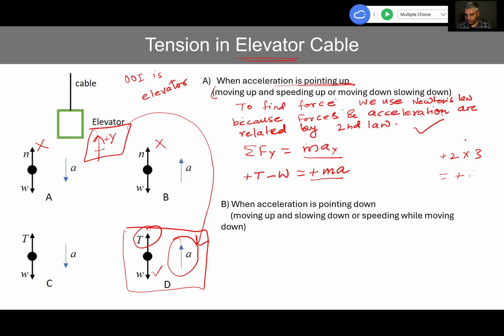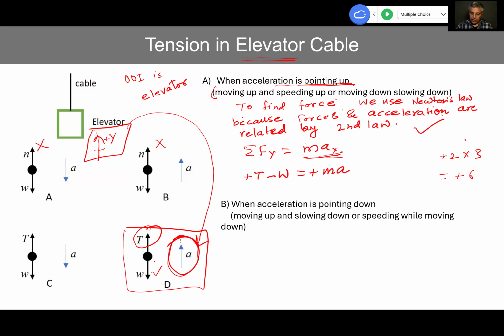Positive 6. So I can just write that positive in front. That's what I would do. Before I write this, I would look at whether I know the direction of acceleration, and that's going to determine the sign there.